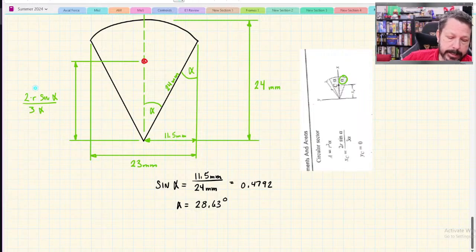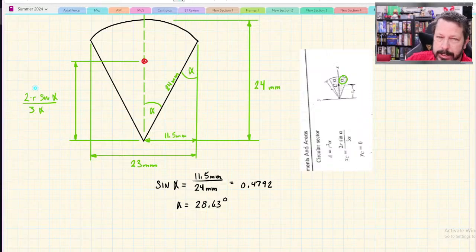Particularly you can see the 3 times alpha, that alpha has to be radians. I guess you could put sine of degrees in there if you're in degree mode. So there could be a problem with just getting this part because you might be mixing up degrees and radians in your calculator.